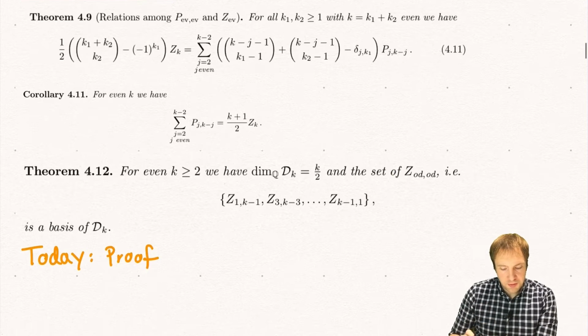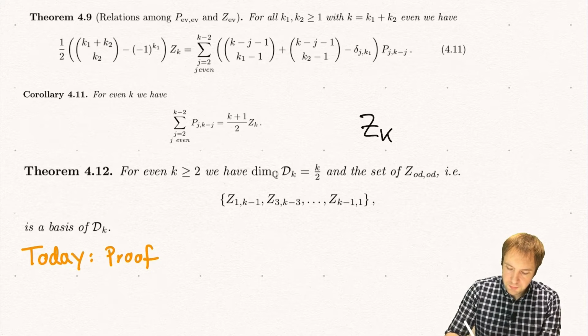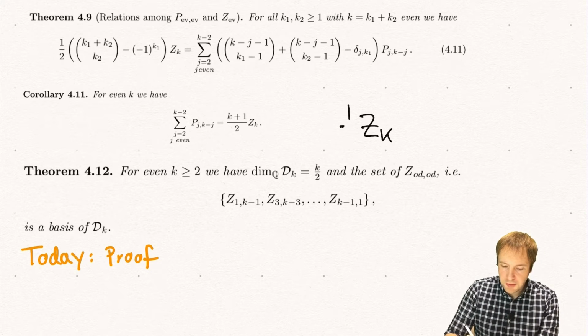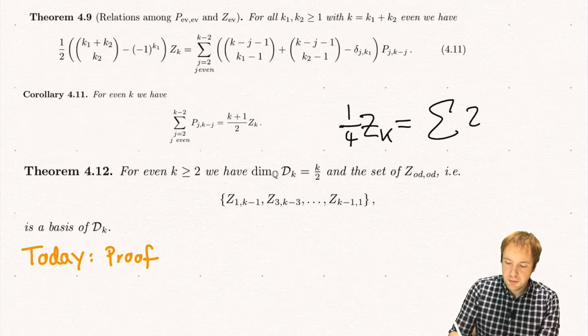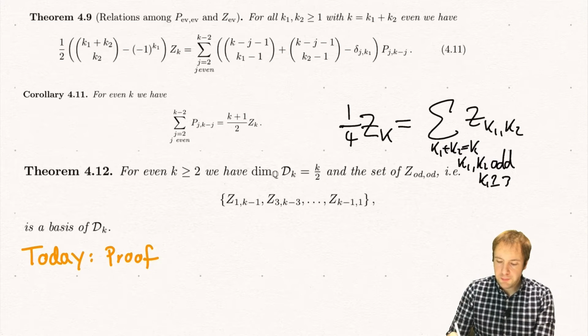What we, for example, already know is that z_k, so we had this odd sum formula which stated that 1/4 of z_k is the sum of all z_{k1,k2}, where both of them are odd and k1 is greater or equal to 3.